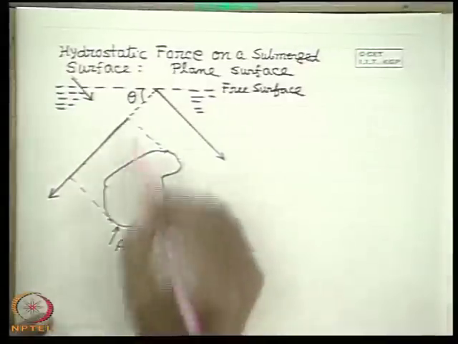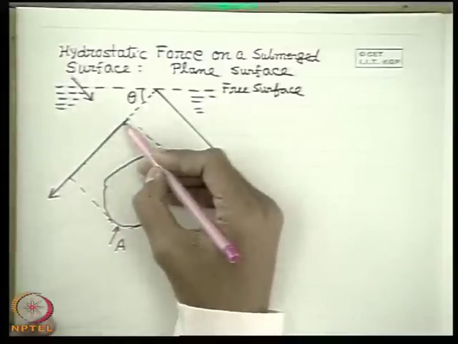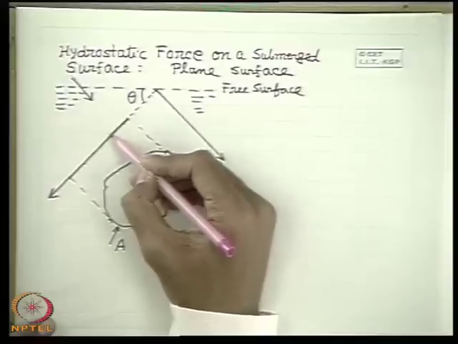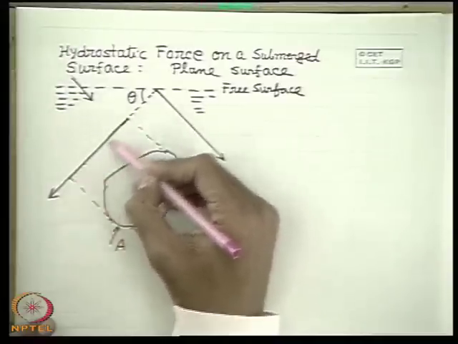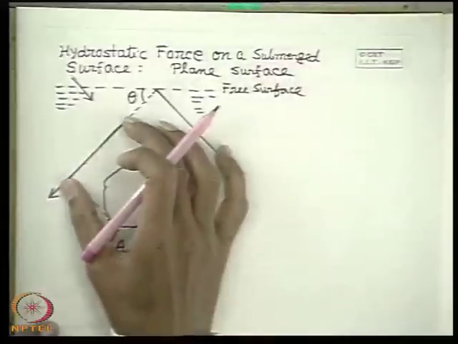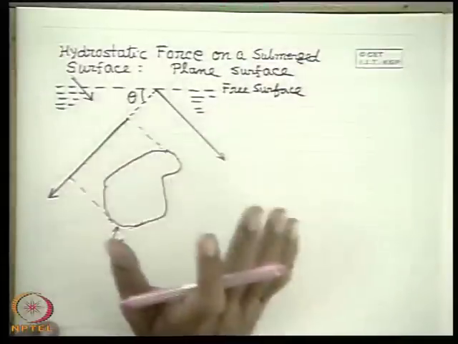Now you can argue that the pressure force acts on both sides of the surface due to the water, and at any point they will be equal. The pressure on this surface and on the other side will be equal, so the net resultant force will be 0. But this is not the case we are considering. In the actual case, a submerged surface will not experience a net force.